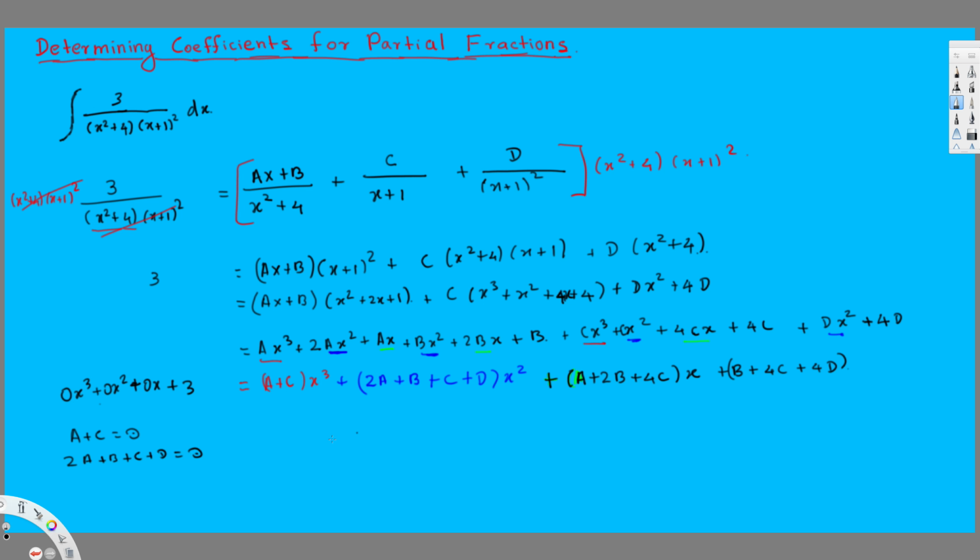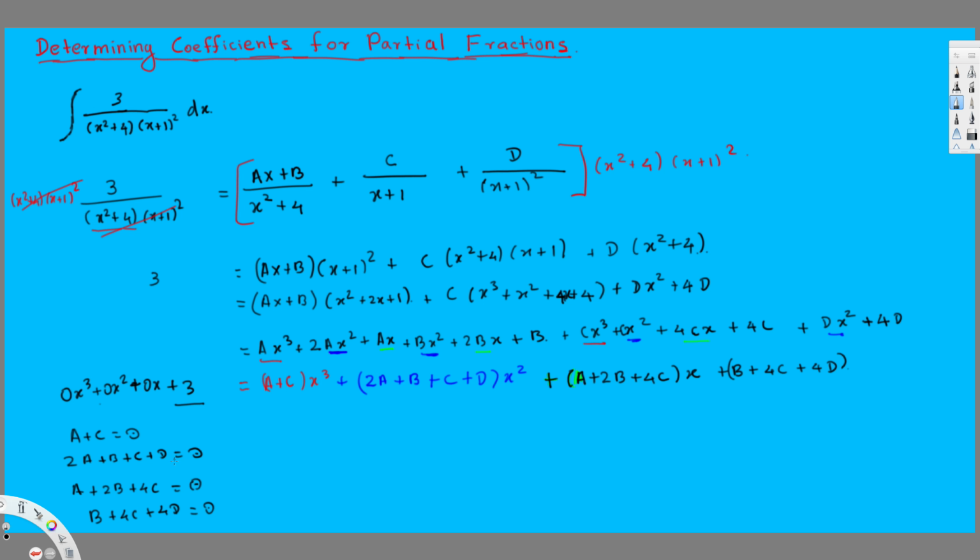Then we have a plus 2b plus 4c, that is equal to 0. Then finally we have b plus 4c plus 4d, that's a constant, but we have a constant right here, that's 3, right? So we can write this one is equal to this 3.